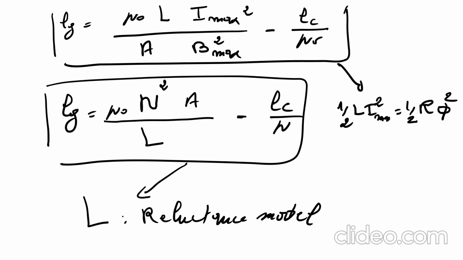The first expression is derived, just to mention, from equating the energy, L i square, the energy stored in the inductance, to the magnetic energy, which can be written as a function of the reluctance and the flux square. This is from where you can derive the first expression.